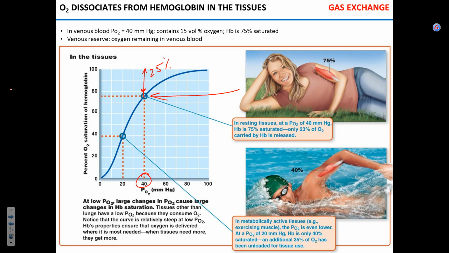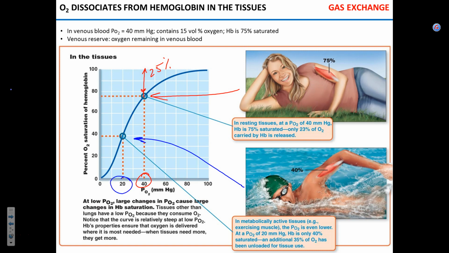Now this guy swims. His muscles, are they working harder than the muscles of that woman? They are. Meaning they consume more or less oxygen? More. Meaning partial pressure of oxygen in his muscles, higher or lower? Lower, because the oxygen is consumed. Does that make sense so far?